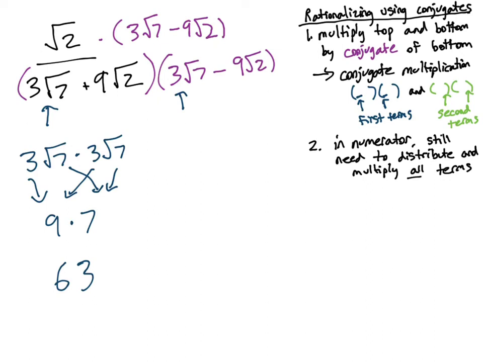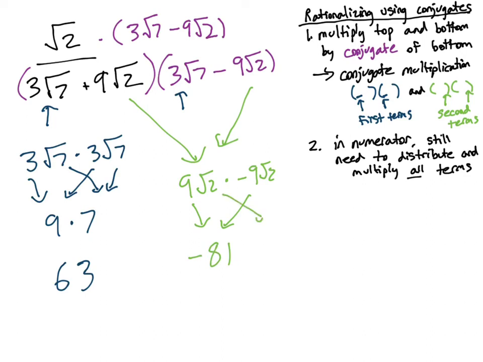If we do the same thing with the second two terms in our conjugates that we're multiplying, 9 times negative 9 gives us negative 81, and square root of 2 times itself is just the number 2. Now we have negative 81 times 2.